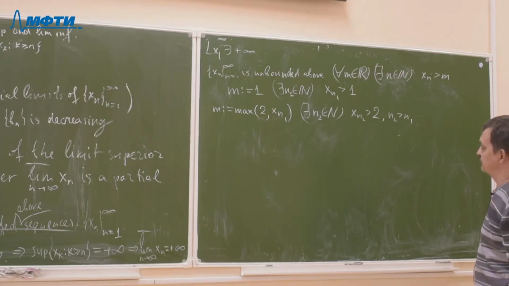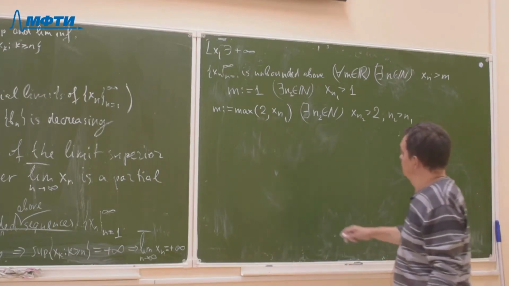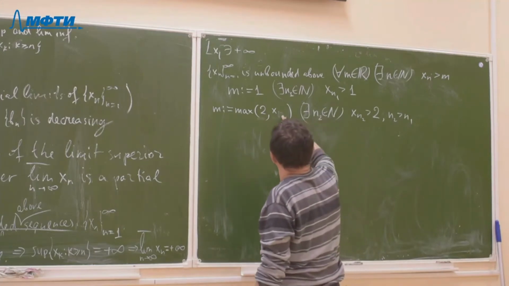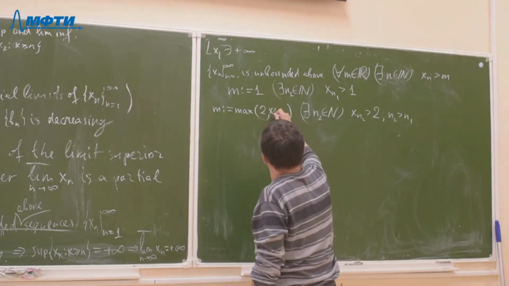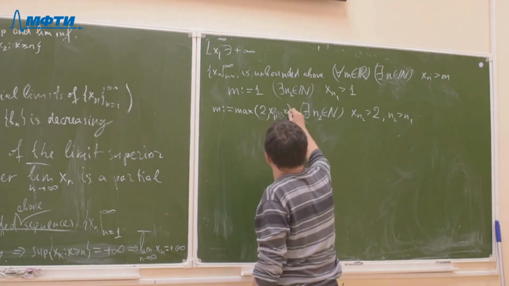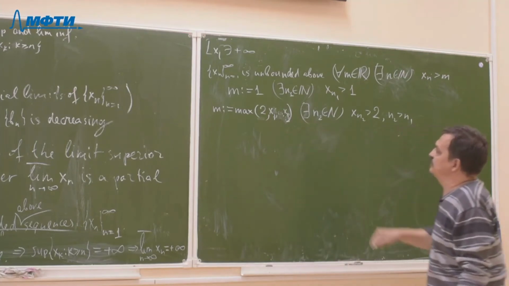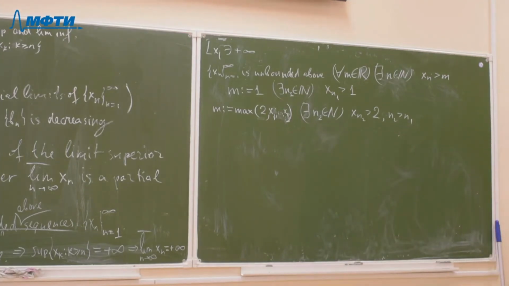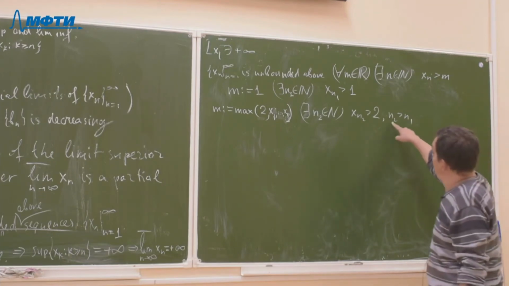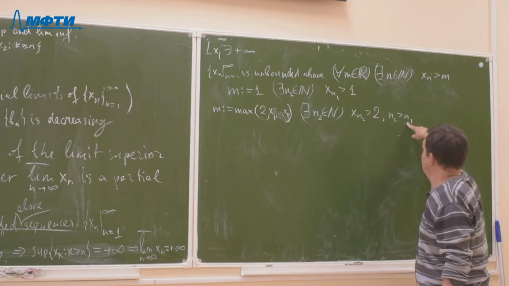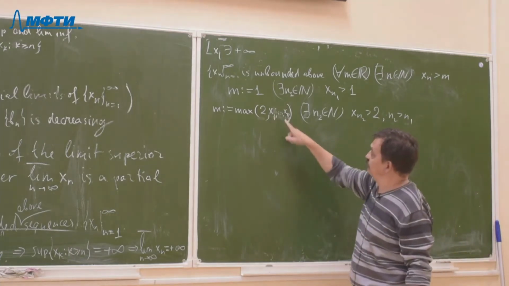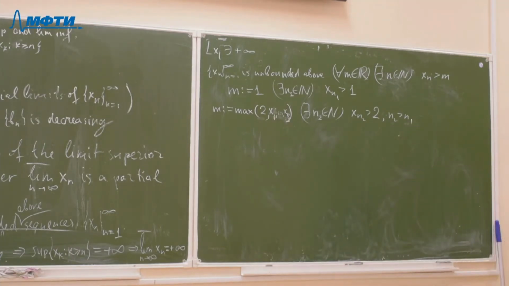Sorry, I should write here the maximum of x_1, and so on up to x_n1. So all indices up to n1 should be counted here, right? Then n2 is certainly greater than n1 because it cannot be among those.